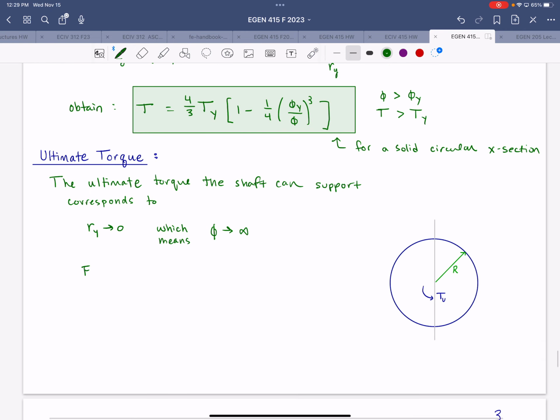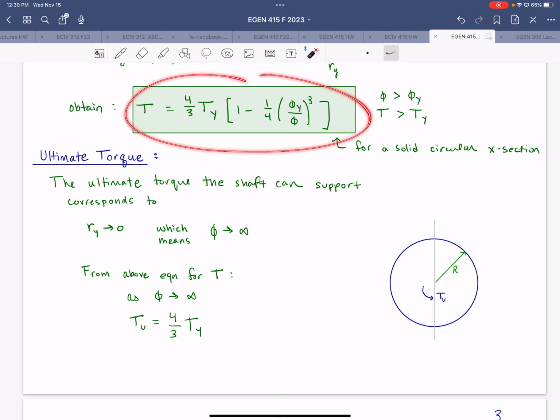And then from the previous equation for torque, as the angle of twist approaches infinity, the associated torque, which would be the ultimate torque, would be 4/3 of the yield torque, right?